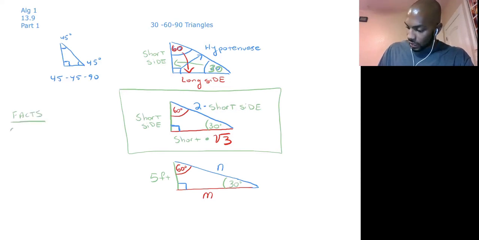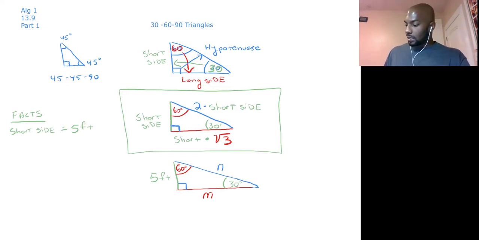You know the short side is equal to 5 feet. All right, now I can use my key. I'm using my key and I say, okay, what relationships can I draw here?